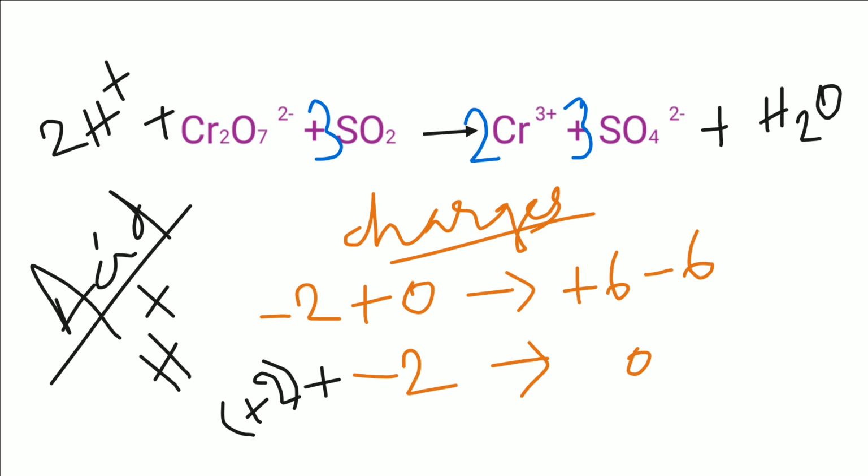Now when we check the atoms on both sides: 3 sulfur, 3 sulfur; chromium 2, chromium 2; hydrogen 2, hydrogen 2. Oxygen: on the right hand side 3 times 4 is 12, plus 1 in water, 13. On the left hand side, 3 times 2 is 6, plus 7 in dichromate, 7 plus 6, 13.